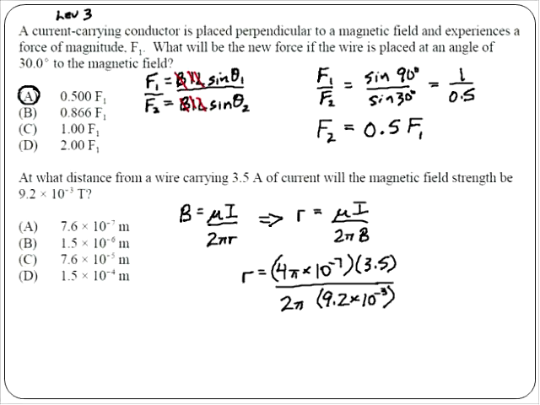So again, you can cancel 2 pi into 4 pi twice. And when you do that, your distance will work out to be 7.6 times 10 to the negative 5 meters. That's what you get when you do the calculation. That means the answer is C.